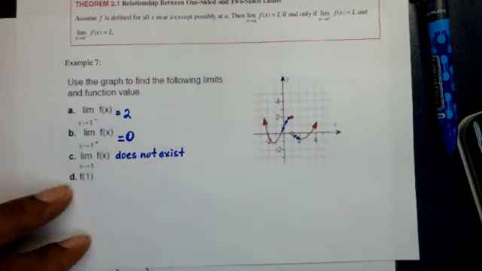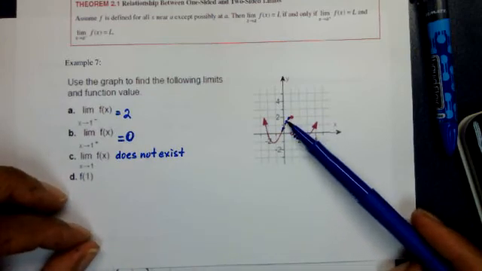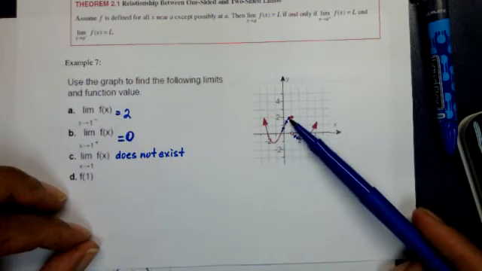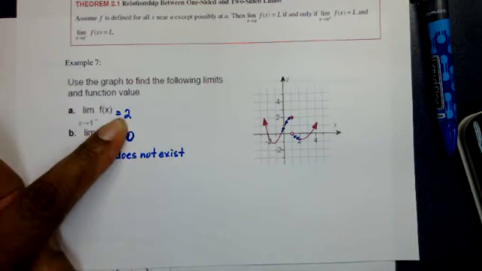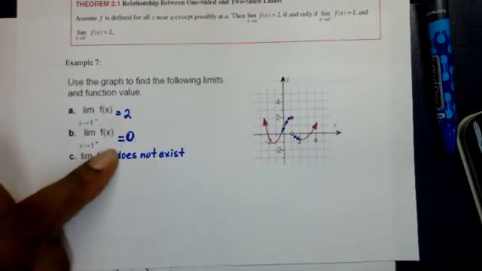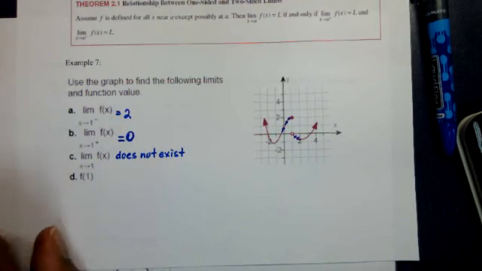And by the way, for the limit as x approaches 1 to exist, the limiting value on the left has to be the same as the limiting value on the right. Here on the left it is getting closer to 2. On the right of 1 it is getting closer to 0. Those are two different values. So the limit as x approaches 1 itself will not exist.